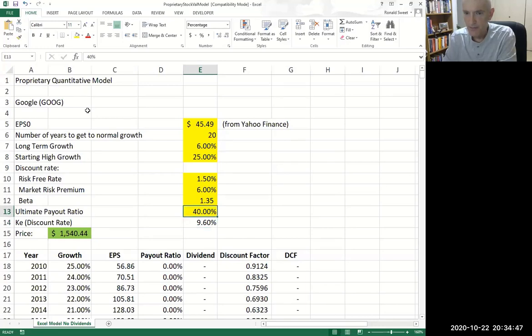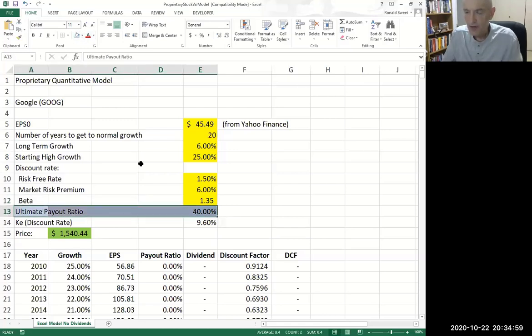The only assumption you have to do, everything else is just like in the H model, except you don't enter H here, you enter 2 times H here, you do the actual years. The only thing is the ultimate payout ratio. So here's how this model works: I'm going to say, okay, Google, you're growing fast. As long as you're growing fast, you're not going to pay dividends. But as soon as your growth rate hits that long-term growth rate, you're going to start paying dividends like a normal company.